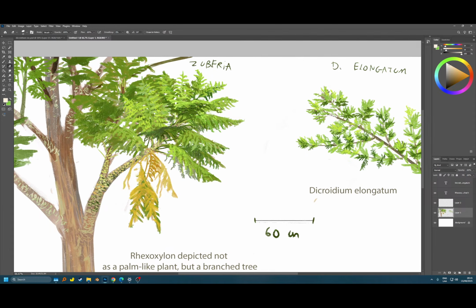I don't believe there's any reason to not have it like a branched tree.